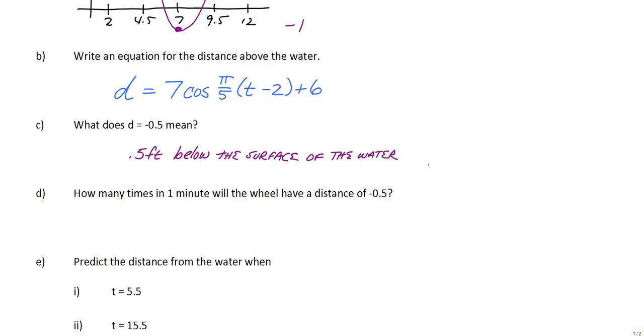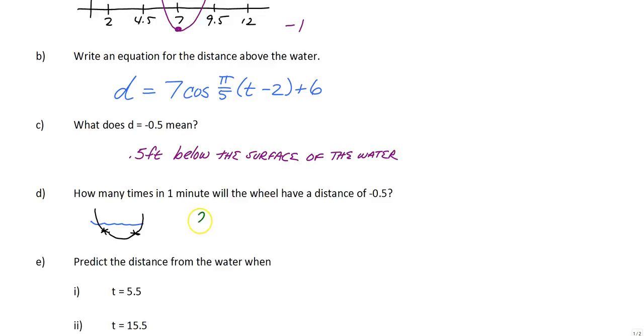But now we're going to ask a question: how many times in 1 minute will the wheel be at a distance of -0.5? Well, we have to think about the wheel and the water. It's going to hit -0.5 on the way down into the water, and again on the way out of the water. So it happens 2 times per revolution.